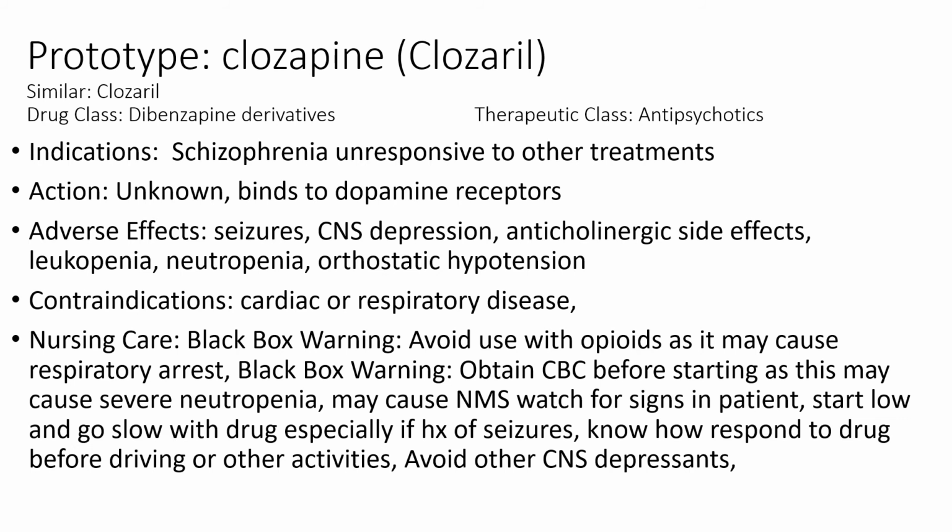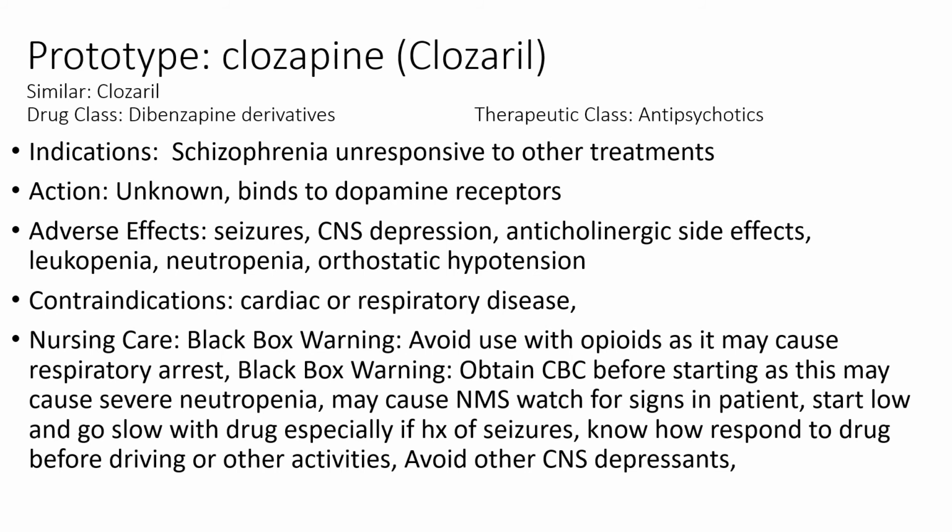The leukopenia and the neutropenia and all the other cell lines that are produced in the bone marrow is a significant risk. So in order to take this drug, you really have to be cooperative in terms of coming back for regular complete blood counts to check for any bone marrow suppression.